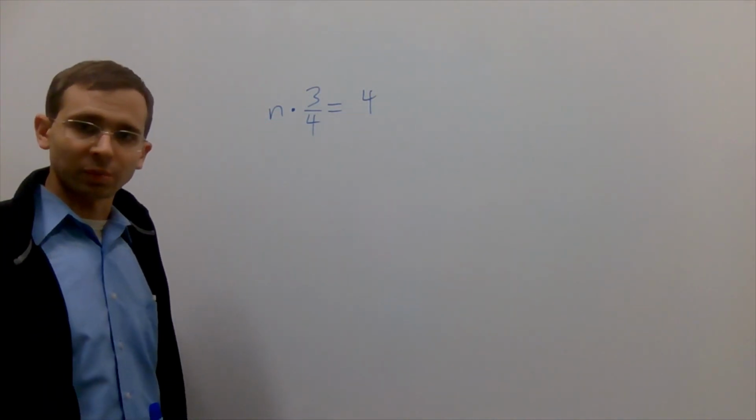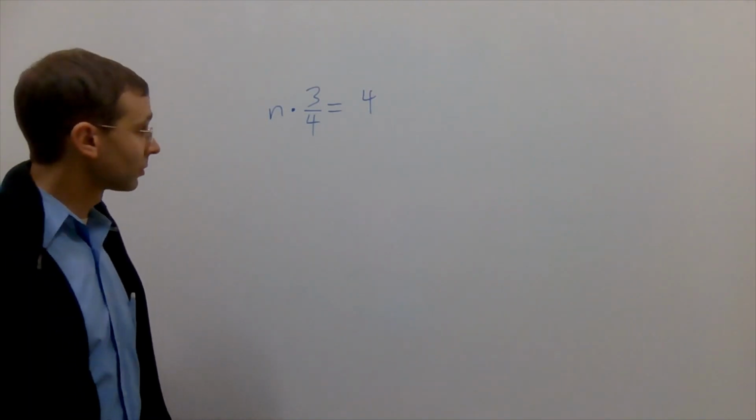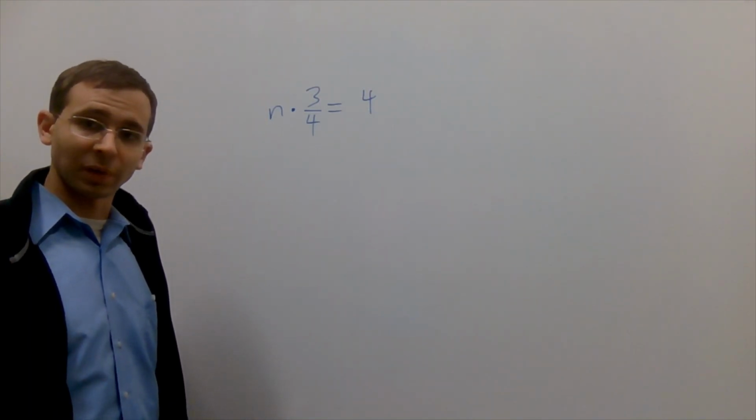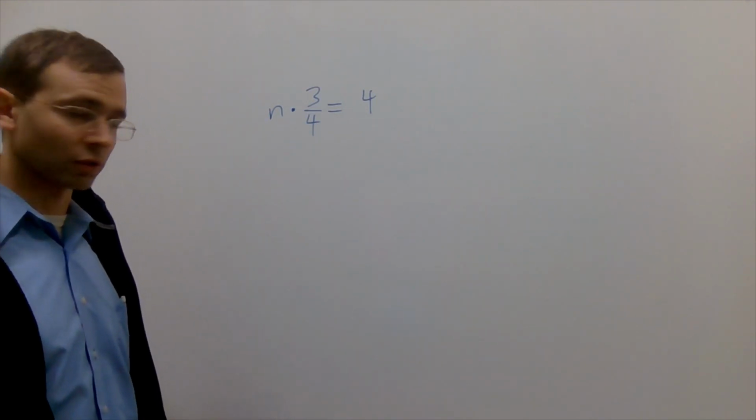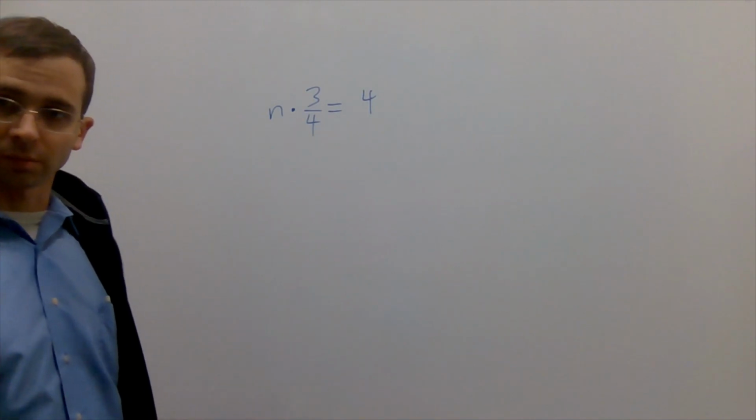Now, n has been multiplied by this number 3/4. I want to get that out of there, so the best thing I could do is divide both sides of the equation by 3/4 so as to solve for n.